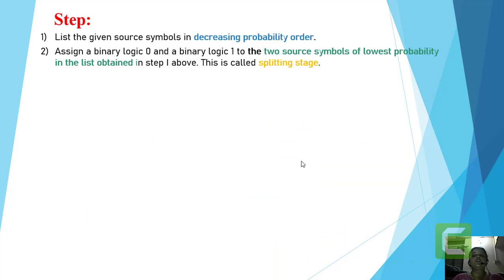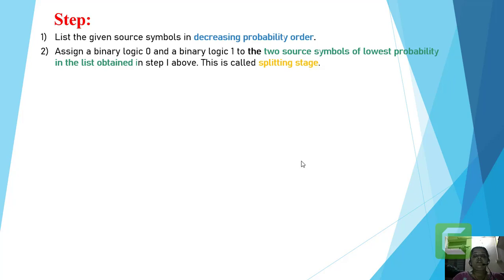As in Shannon-Fano coding, the first step is writing the source symbols in decreasing probability order. Then we have to assign binary logic 0 and binary logic 1 to the two source symbols of the lowest probability in the list obtained in the first step.